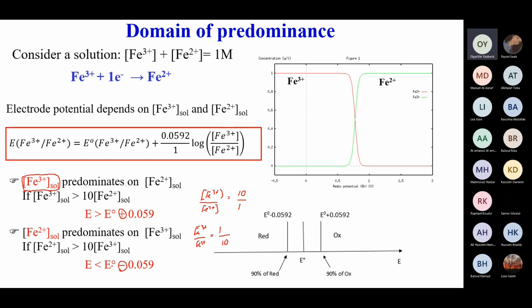When Fe3+ predominates, it's 10 times greater, meaning you already have 90% of it in solution or greater.